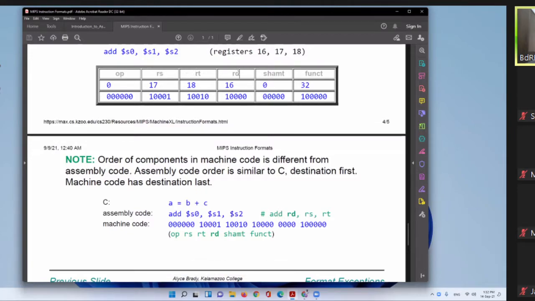RS, RT, and RD. So in this case, RD will be $s0, RS should be $s1, and RT should be $s2. Because RS is the source, operand number 1, which is this. RT is operand number 2, which is this. And RD is the destination address, which is this.